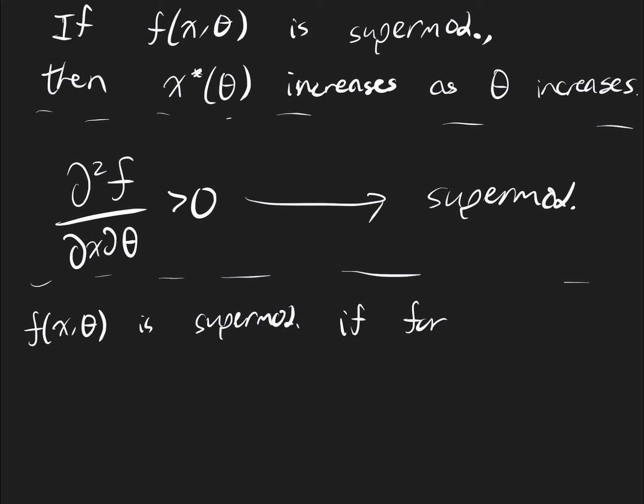If for any, basically we're going to pick x and x prime, theta and theta prime with these relationships. Just two parameter choices and two variable choices. This has to hold for any of them.